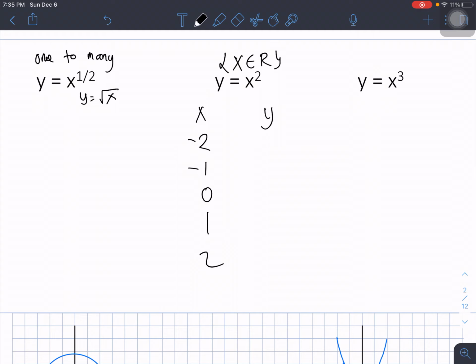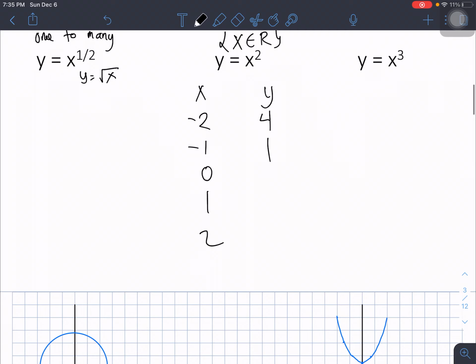If x is negative 2, y will be positive 4. If x is negative 1, y will be 1. If x is 0, y will be 0. If x is 1, y will be 1, and if x is 2, y will be 4.